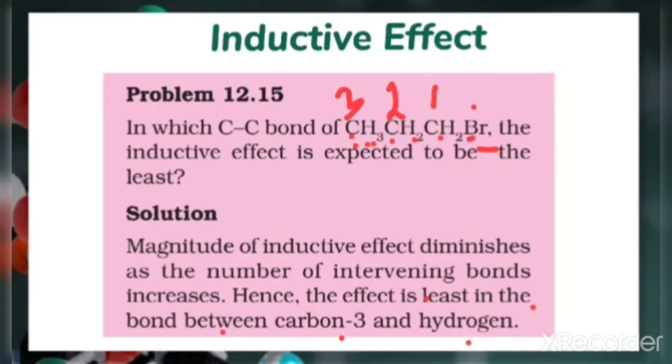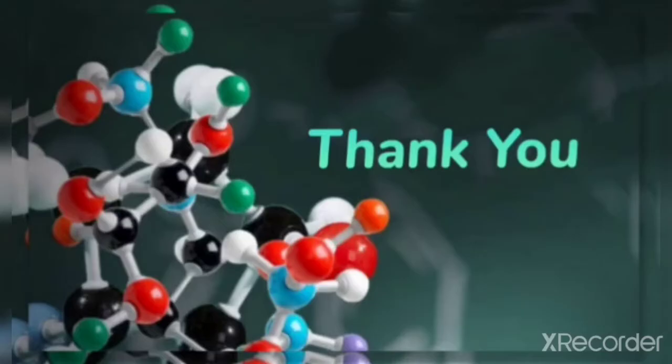The magnitude of the inductive effect diminishes as the number of intervening bonds increases, so the effect will be least for the third carbon. How can you easily identify it? Just compare which one is at the most distance from the electronegative element or the polar bond. These are the most important points we have discussed here on the inductive effect.